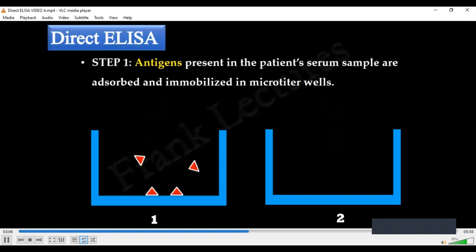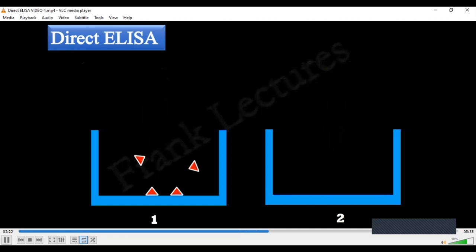No adsorbed antigens are shown in well 2, because the target antigen is absent in the serum sample of patient 2. Note that we are not showing other antigens present in the serum of patients. Both these microtiter wells are rinsed to remove any unbound antigens present in the well.